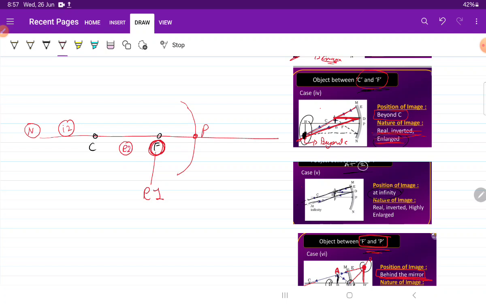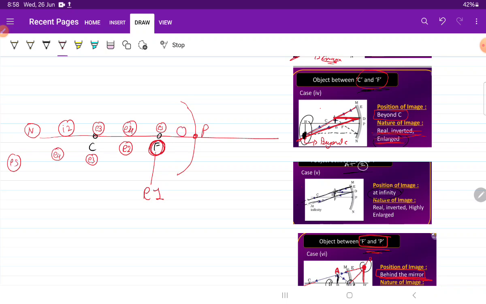Now the object at C: then the image will form at C only. Now the object between C and F, that is image 4, will form beyond C. Then image 5: the object is at the focus, so the image is at infinity.